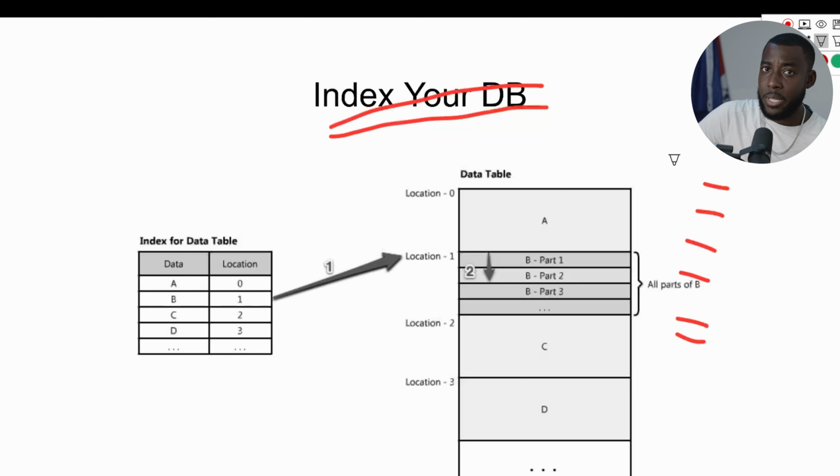It's hard for me to explain, but it's one of those ways that can substantially improve your performance. Like I said before, the easier way to understand an index is to take any book and look at the back of it, where you will see a section that says index.